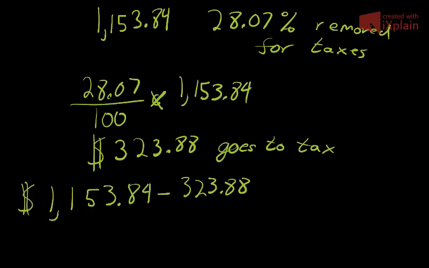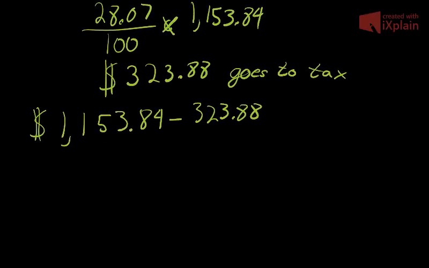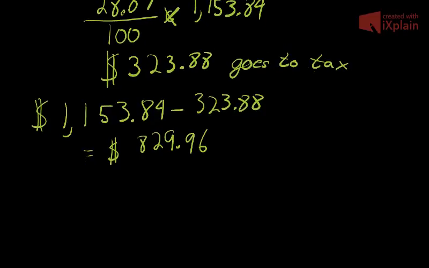What we're going to end up getting is that she gets to keep, it's going to be equal to $829.96. And again, I used a calculator for this one as well, just because it was a lot of very strange numbers. If we ever have this on a test or a quiz or something, I would make sure that these numbers would be easier to solve without a calculator.